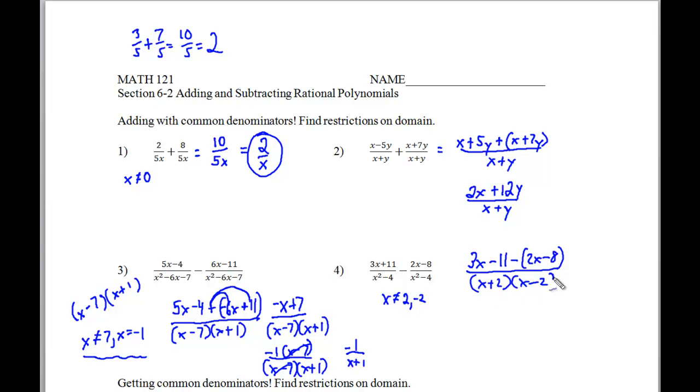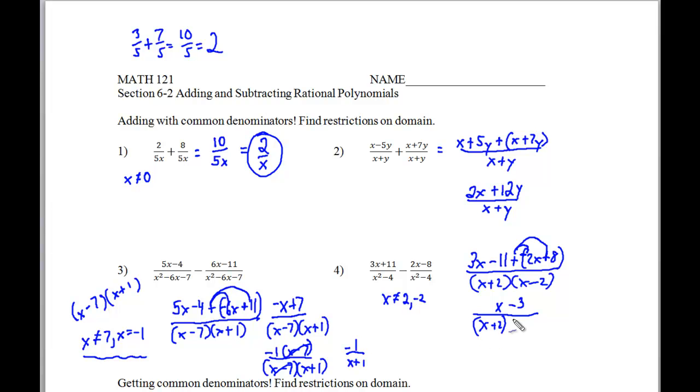That's the factored form of x squared minus 4. So if I distribute that negative, this becomes a negative 2x and this becomes a positive 8. That's doing my little jumper cable thing right there, the distribution property. So 3x minus 2x is just x, and then negative 11 plus 8 is going to be negative 3, all over x plus 2, x minus 2.